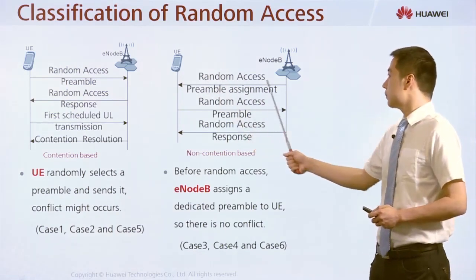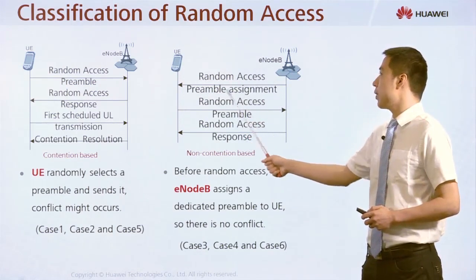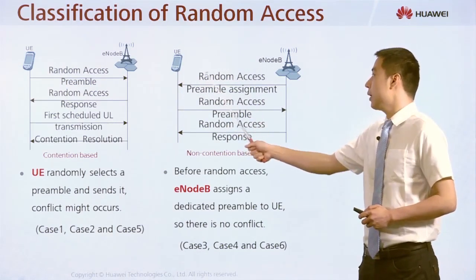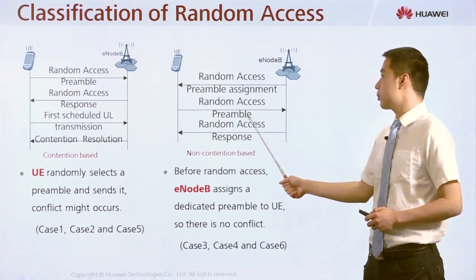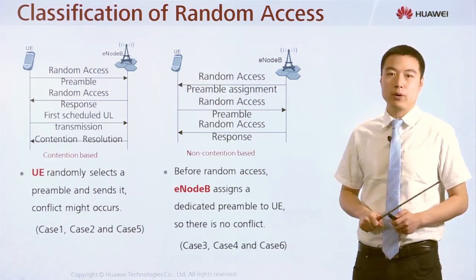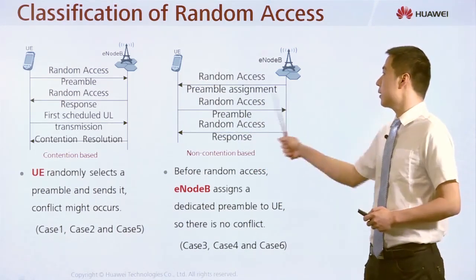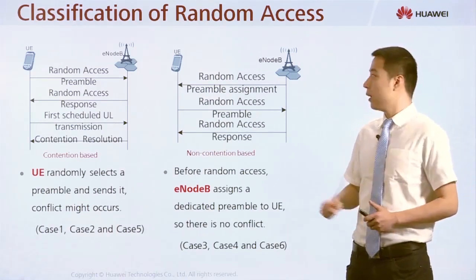First, eNodeB sends the random access preamble assignment to the UE. Then, based on the assignment, UE sends the random access preamble. Different UEs, of course, will send different preambles because everything is assigned by the eNodeB, predefined.